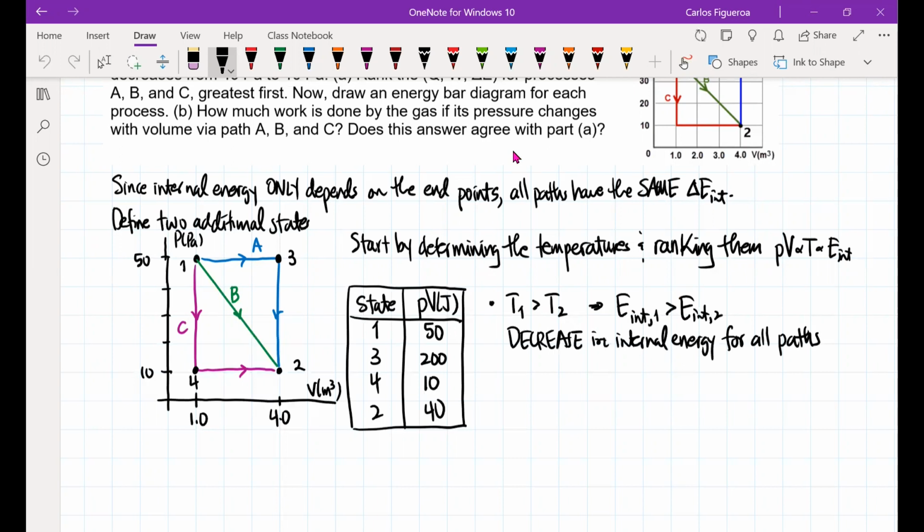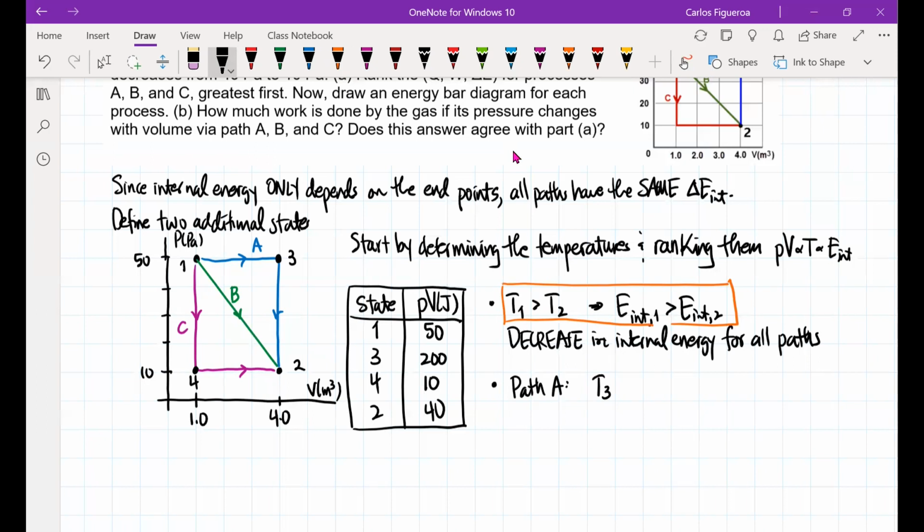Okay. So now if I look at how the temperature is changing here, physically, this really helps me look at the picture as I move on. So now I'm going to rank all of them. Just by looking at this, if I look at path A, I see that the highest temperature is T3.